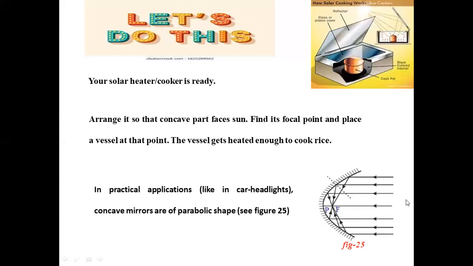All the light rays come in a parallel manner, strike the surface of this concave mirror and bounce back, so that light is reflected at high intensity as shown in figure 25. So this is also a real-time application of how car headlights work, similar to how the solar cooker works.